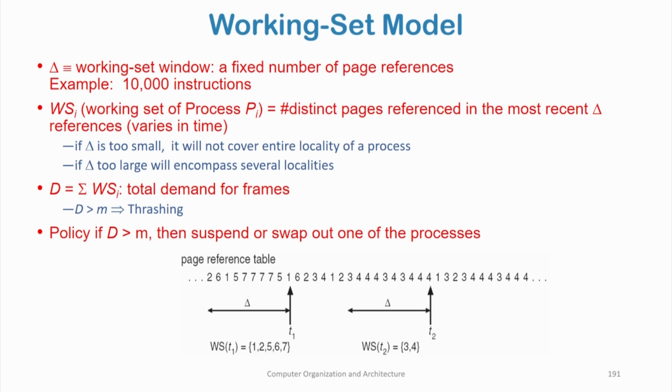If I have enough frames for this process to keep the pages of this matrix that are actively being used and enough pages for the instructions in the loop, then I will not suffer a lot of page faults.